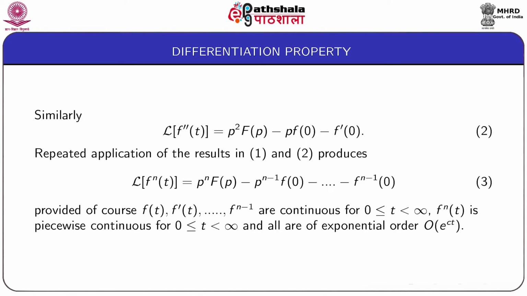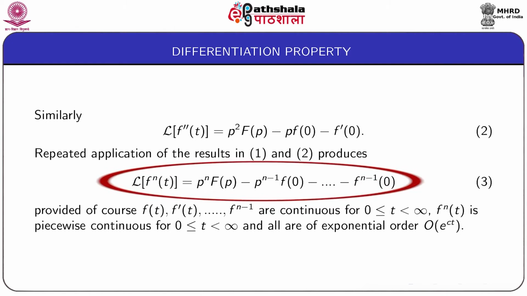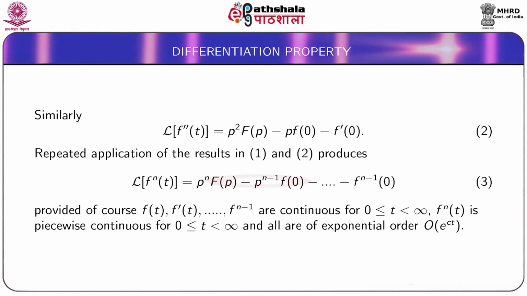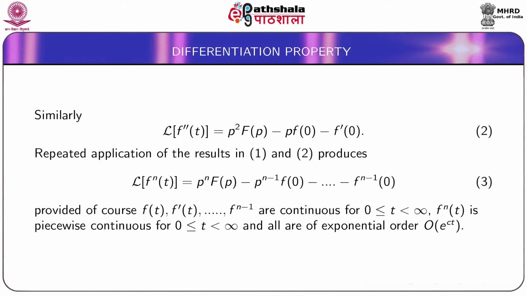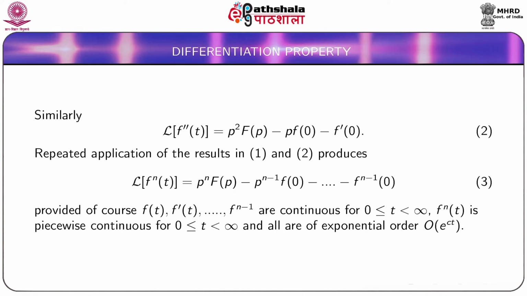Repeated application of the results in equations 1 and 2 will produce the Laplace transform of the nth derivative of small f(t), and this gives p to the power n capital F(p) minus p to the power n minus 1 small f at 0.